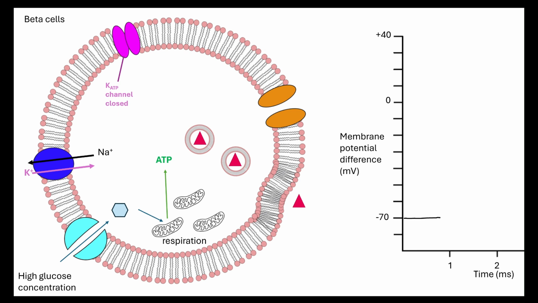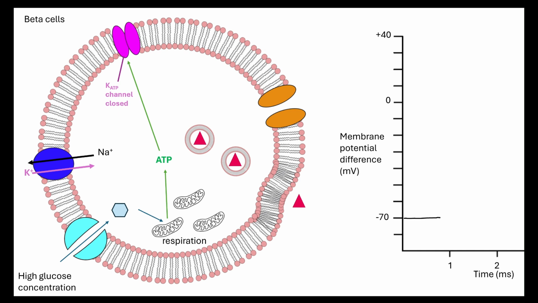Now, what you may not have noticed is that the potassium channels in my beta cells are very specific. They're called potassium ATP channels. If there is a high concentration of ATP within the beta cell, that is going to bind to this channel protein, causing it to change its tertiary structure, causing the channel to close.